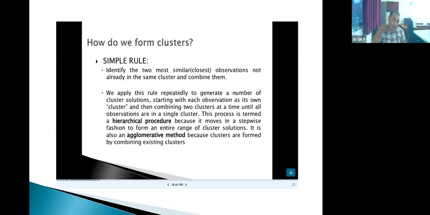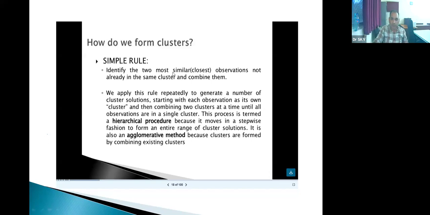Now, how do we form clusters? This is very important. The simple rule is to identify the two most similar, closest observations first and put them together. Then the third one, which is closer to that cluster. Now it is a cluster, since we have two units, and then we add one by one on the basis of the distance.